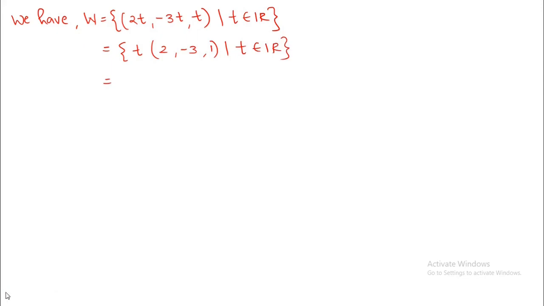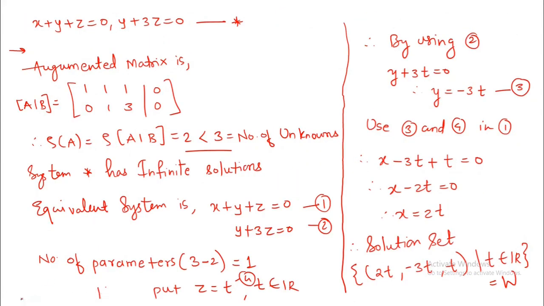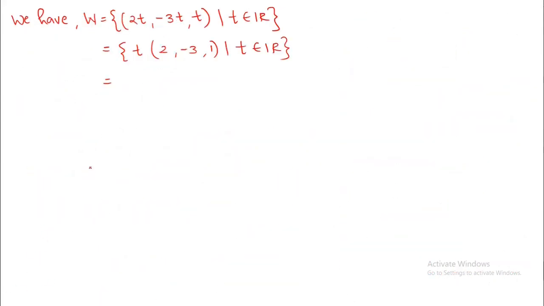Now again, try to recall the definition of a linear span. If in this summation there are n vectors, then this is the linear span of B, where B contains these vectors. Now in this case, there is only one term, isn't it?